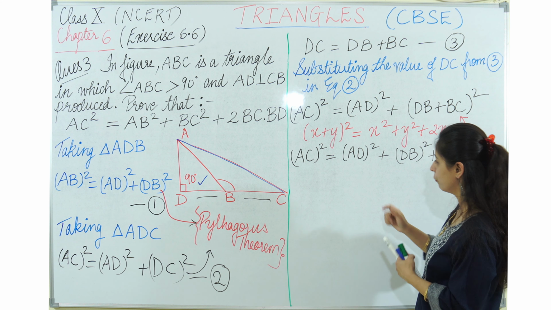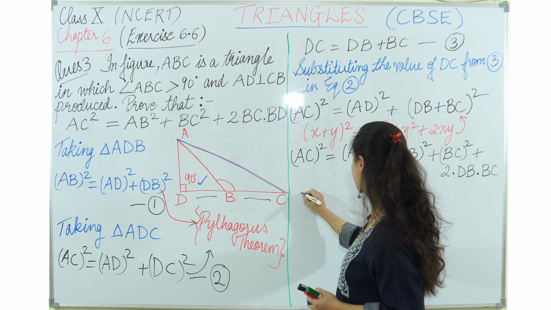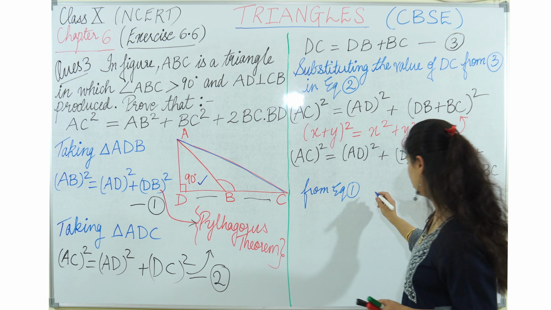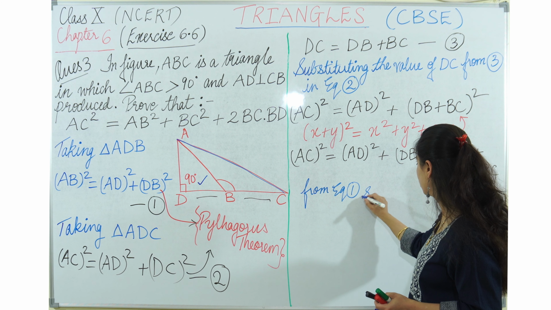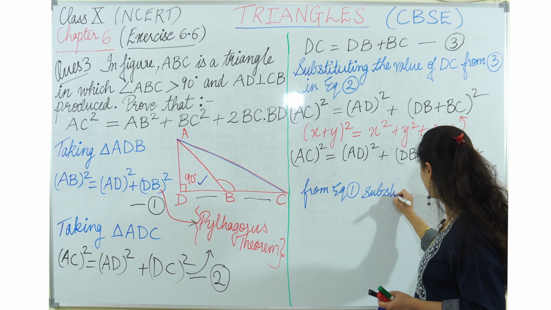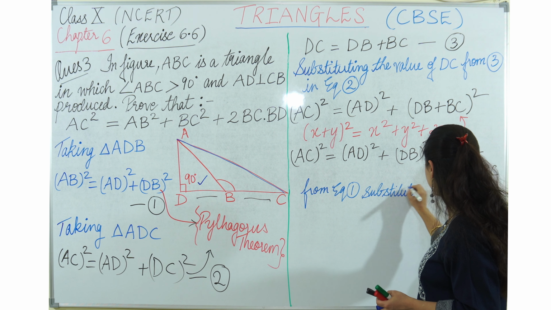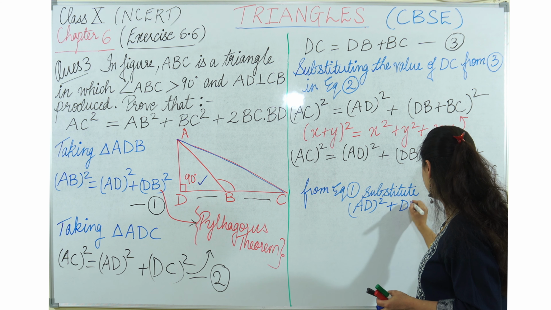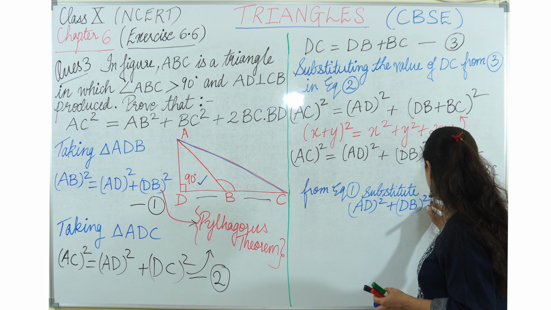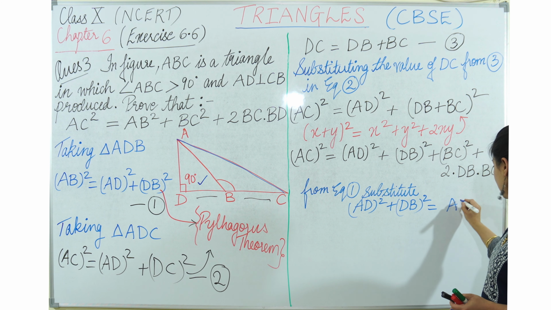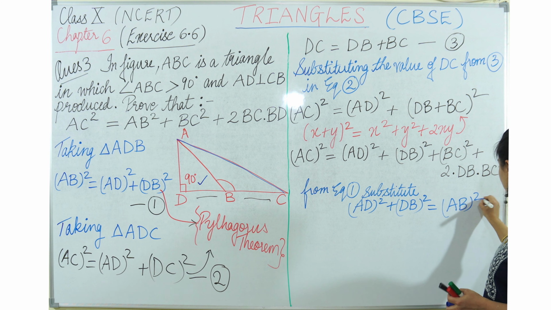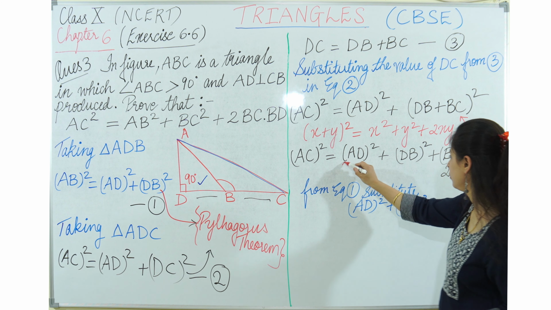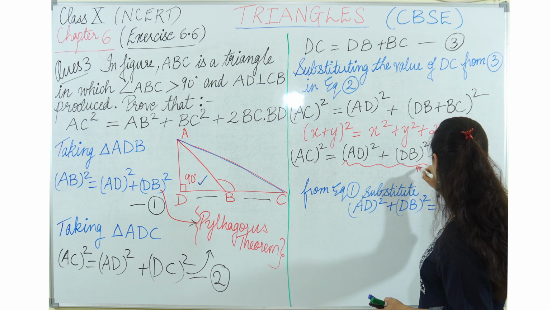So from equation number 1, we can substitute AD square plus DB square as AB square.